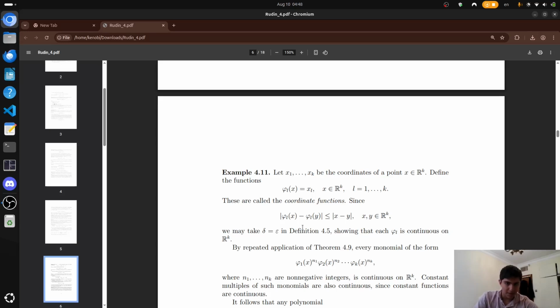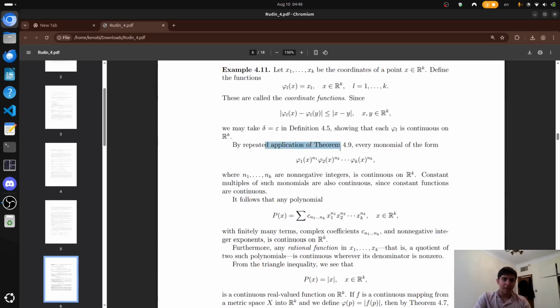We may take delta equals epsilon in definition 4.5 to show that phi i is continuous on Rk. Exactly. If the norm of x minus y is less than delta, that's the neighborhood in the domain part, then the component difference is also less than delta. So you can just take delta equals epsilon over here, right?